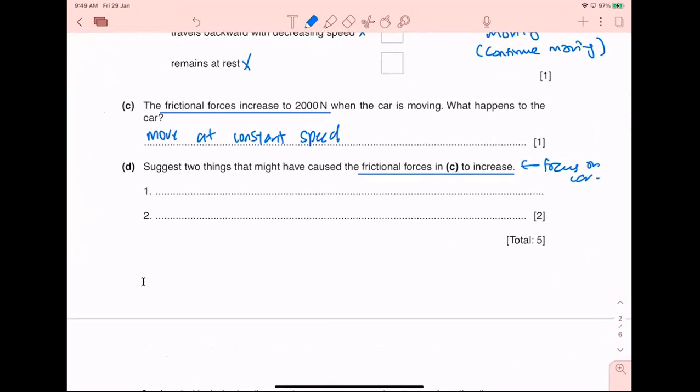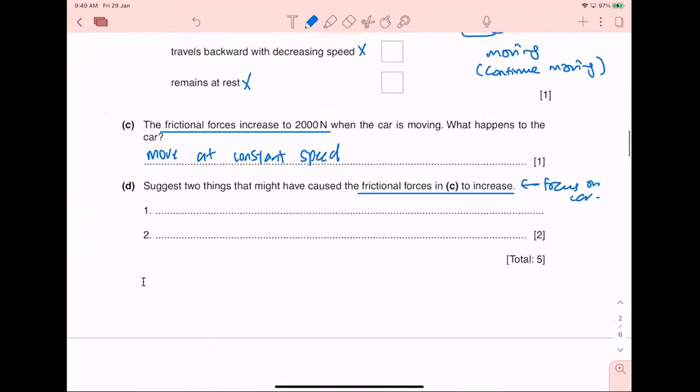All right, so it can be increased air resistance. Because here again, they just ask about frictional force increasing. They don't ask whether the car will slow down or move faster. They don't focus on that. So frictional force also includes air resistance, and resistance from the tire as well.